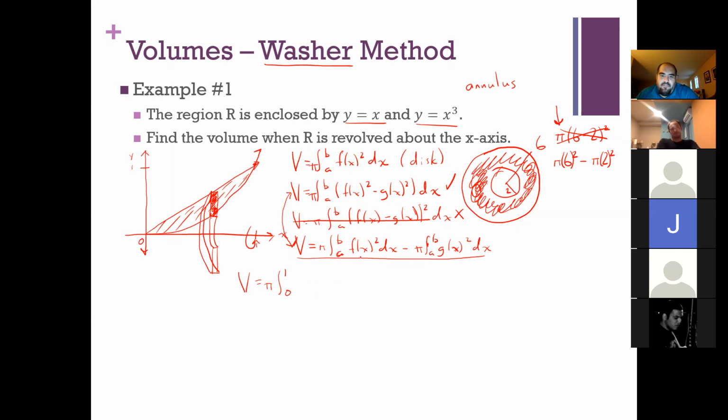So in this case, we've called my outer function f. What's my outer function? Where's my outer radius going to come from in this example? So y equals x. Yeah, the straight line is above the curve. So this one's going to be x squared dx. Same limits of integration. But this one's going to be x cubed squared dx.